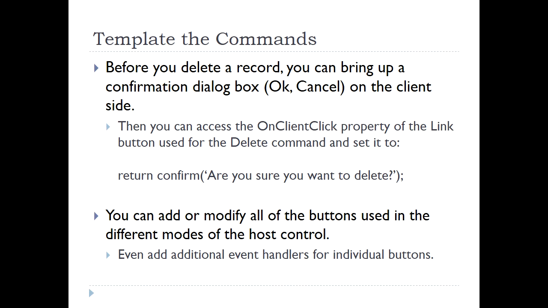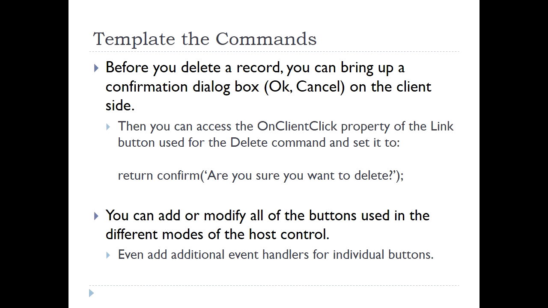So at the very least, it's nice to give the user the chance to say, are you sure you want to do this? Okay, cancel. That is something we can do just by setting a simple property of the delete link button they're clicking. Wait a second, we just talked about the fact that with a command field, we don't have access to those buttons, right?